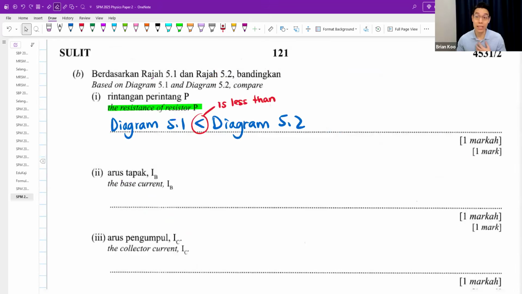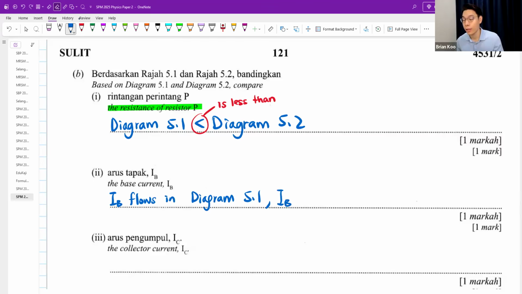If you ask me, the best answer would be: the base current flows in diagram 5.1 and the base current does not flow in diagram 5.2.